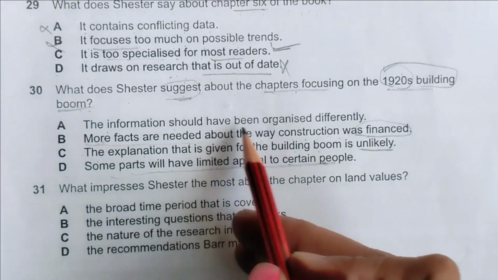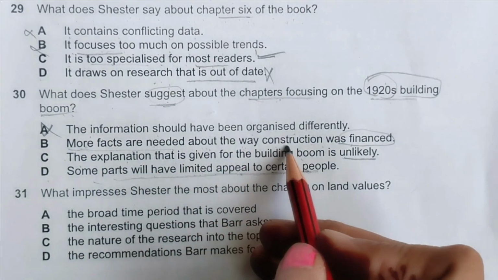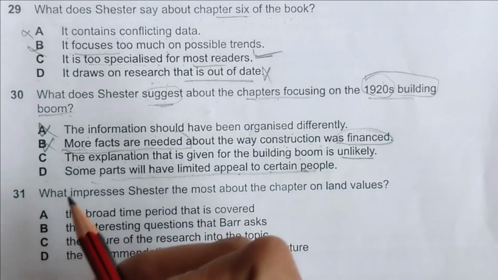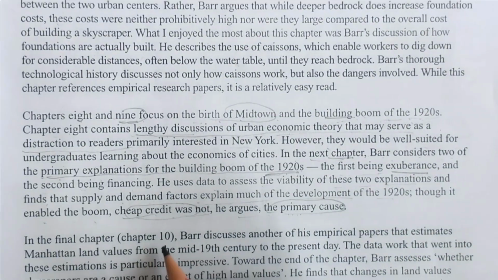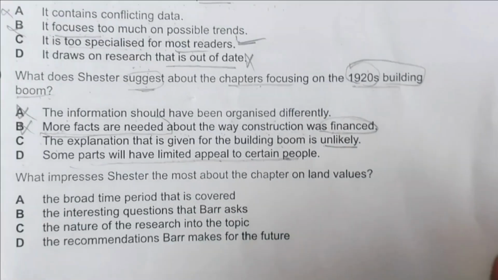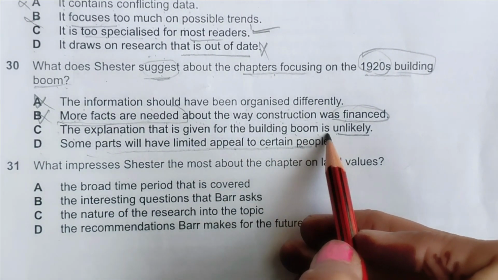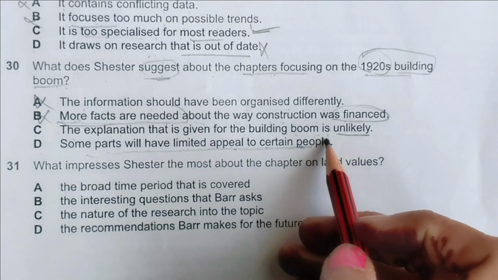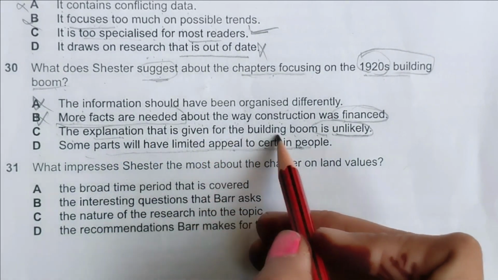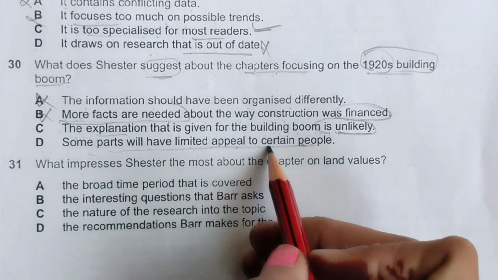The information should have been organized differently, so nothing is given like that. More facts are needed about the way finance is discussed. This is also not discussed. They have only given that cheap credit was not available, so they are not discussing more facts. The explanation given for the building boom being unlikely is also not there. So some parts will have limited appeal to certain people.